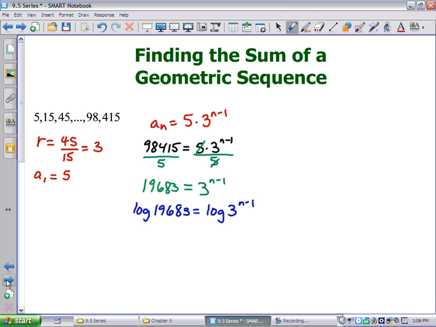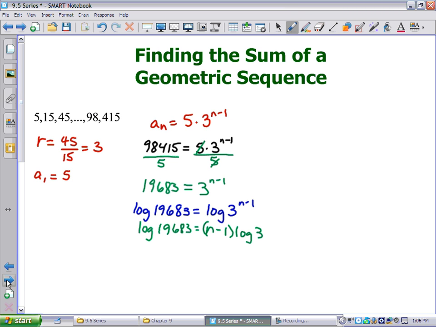Now, our properties of logs say that when you have an exponent in a log, you can pull that out as a multiplier. So that n minus 1 is going to be multiplied times log of 3. That's going to equal log of 19,683.